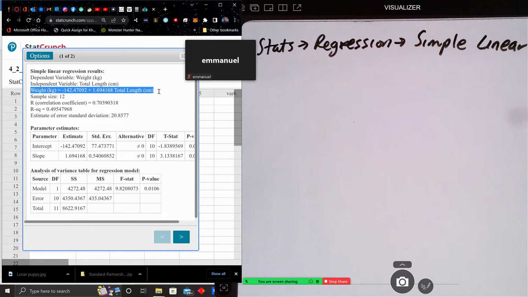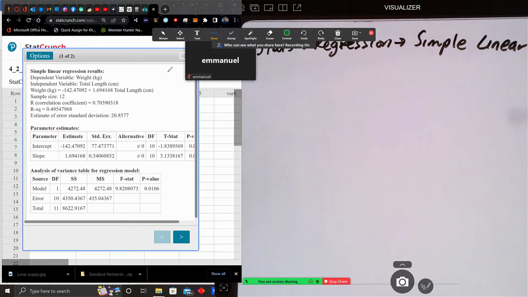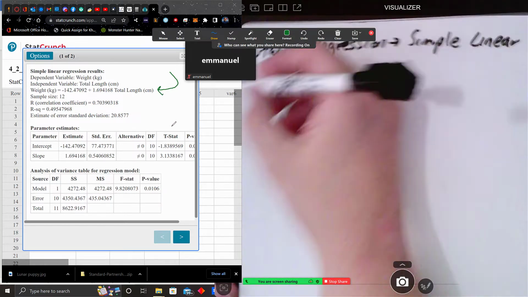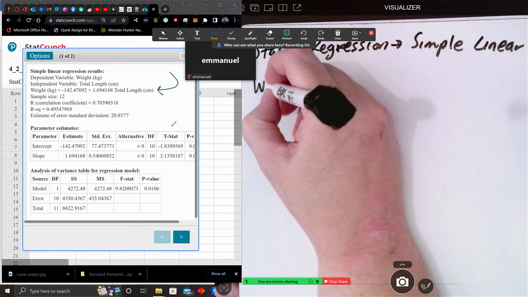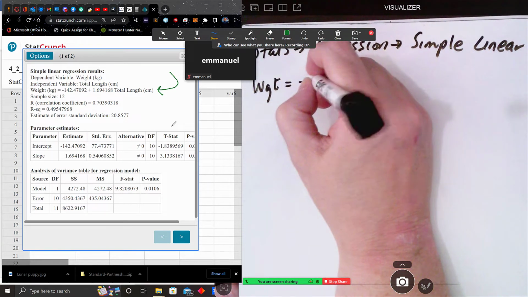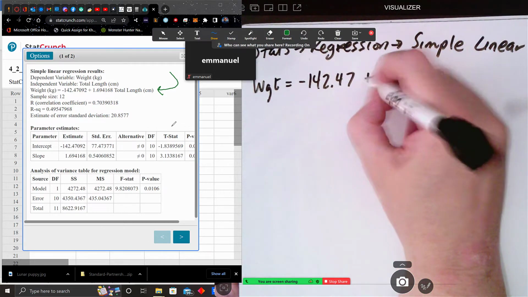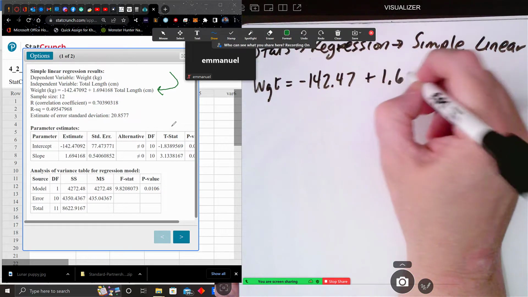So we're looking, there's a better way to do this. I can use the zoom feature and just point at the line. So they've got weight equals negative 142.47 plus 1.69.